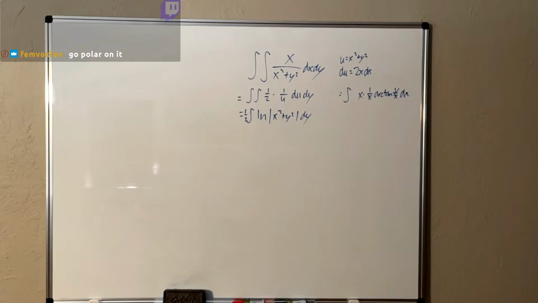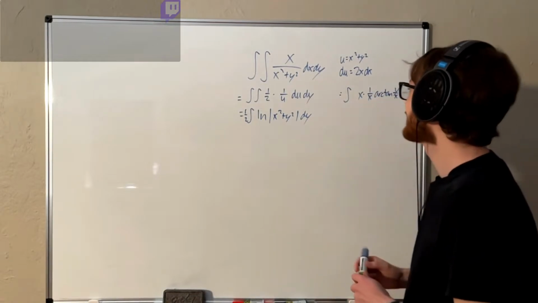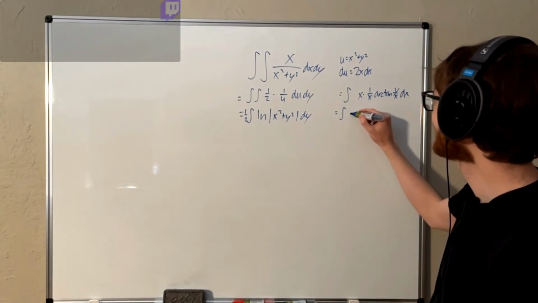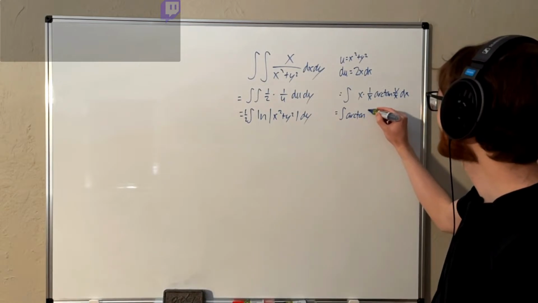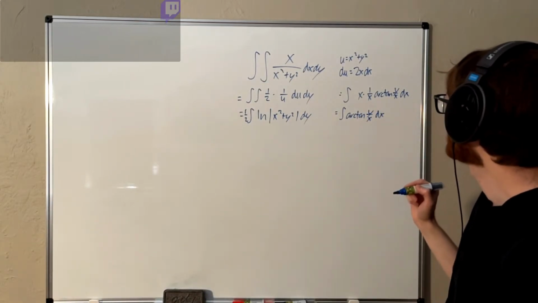Go polar on it? Oh, polar is probably a good idea too, but obviously there are available answers. I think it should be possible like this too, but polar is probably not a bad idea. Actually, how do you integrate arctan though? Oh, this is arctan in terms of x.